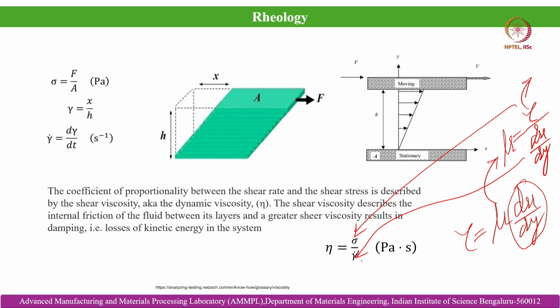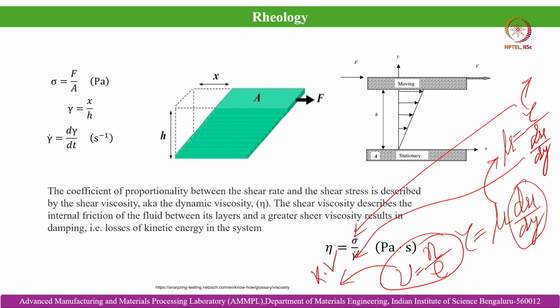This is the resultant expression, where I have written it as mu, and here it is termed eta, but it is the same thing. It is the dynamic viscosity, and the unit is Pascal second. We can also estimate kinematic viscosity from here. If you define kinematic viscosity as nu, then we just divide the dynamic viscosity by the density to arrive at the kinematic viscosity value. This is basically the mechanism shown here.